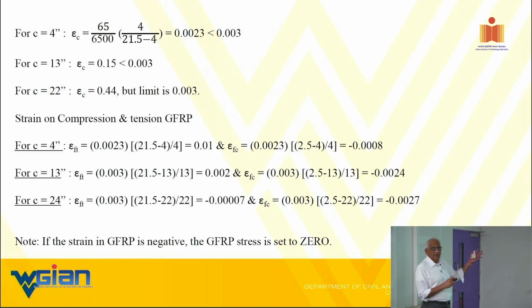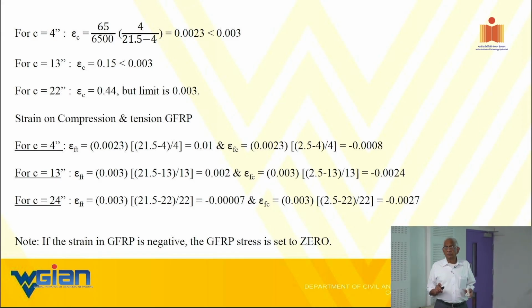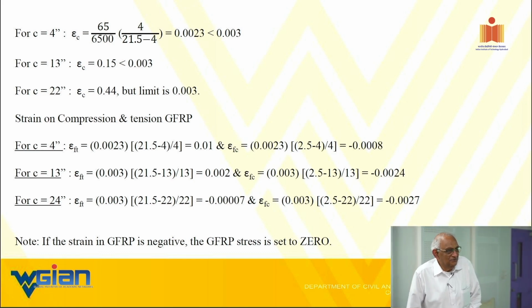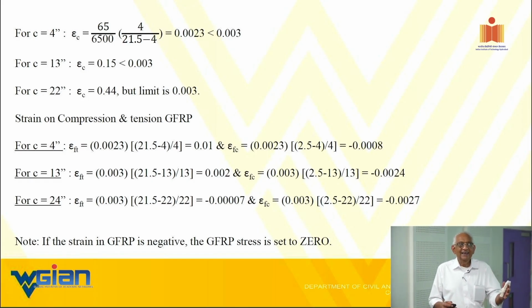These are just some random numbers I picked. And at failure, typically at failure, C value is close to the tension reinforcement. Typically, it's very close. If not, the tension reinforcement becomes compression reinforcement at high eccentricity values. Meaning what?